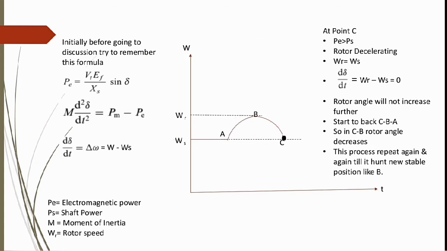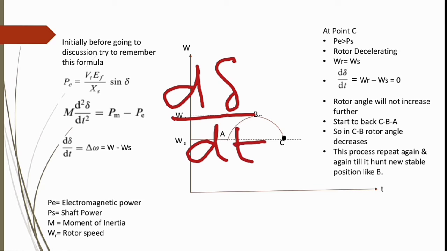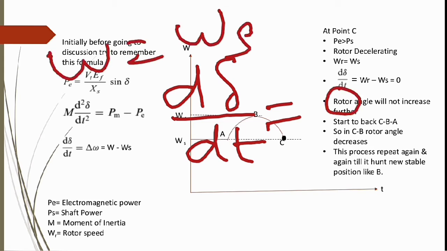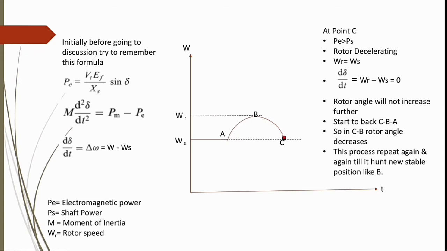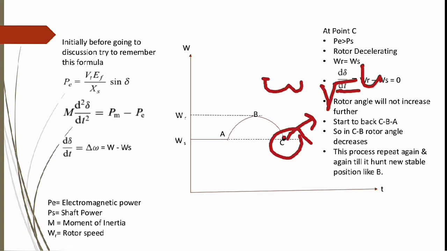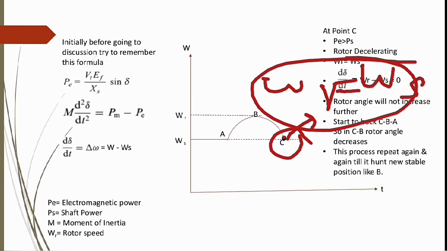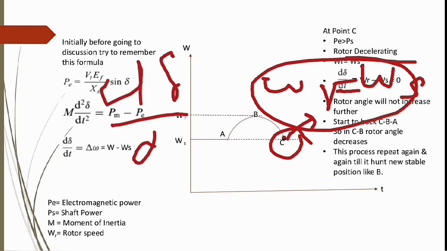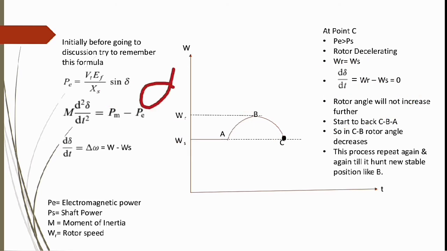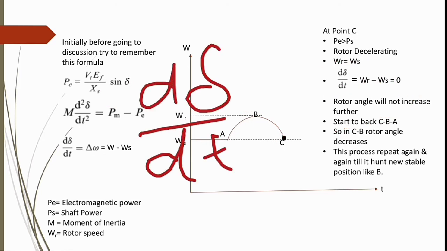Okay, so here we see d del upon dt. In the case of point C, d del upon dt is 0 because omega r equals omega s when we reach point C. So d del upon dt equals 0.